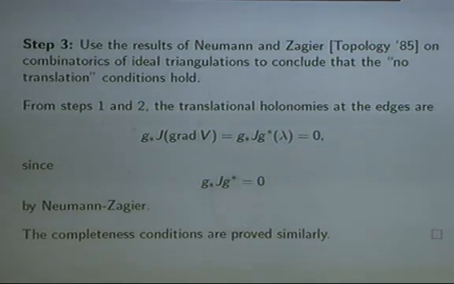And now I'm going to quote this magic result from Neumann and Zagier. They tell us that this combination, G times J times G upper star, is identically 0. This comes from the combinatorics of the triangulation. Once you know that, this whole thing is equal to 0. So all the translational holonomies vanish at this critical point.